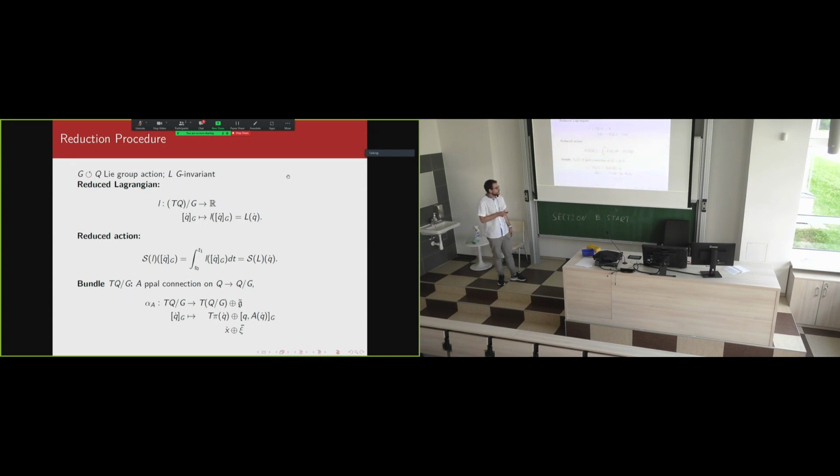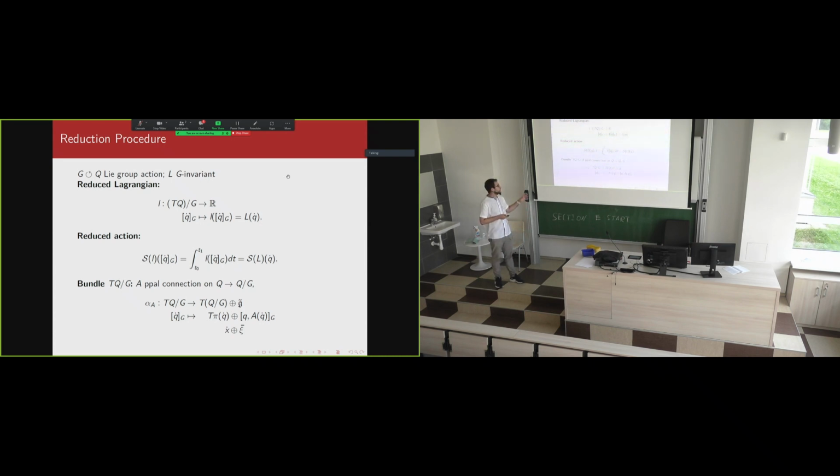It takes into account what is the velocity of the particle in the direction of the symmetry. So we have to take into account this term. And this is a fiber bundle, in case you don't know, whose fibers are just like the Lie algebra of the group we are using to reduce.